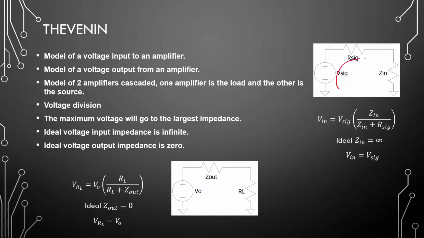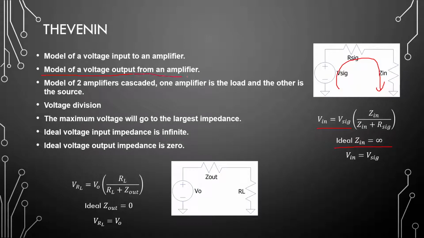So going into an amplifier, we have voltage division going in, and the ideal case is if the input impedance of your amplifier is infinite, the input and the signal voltage will be exactly the same. So when designing for a voltage amplifier, this is one thing to remember. You want the input impedance of the amplifier to be infinitely large for maximum voltage transfer.